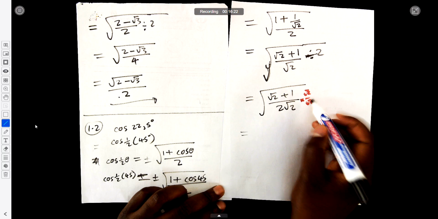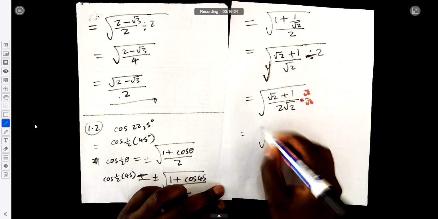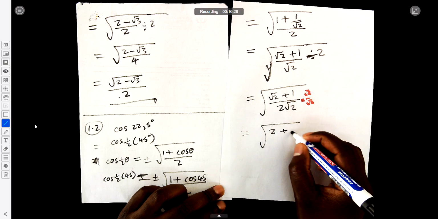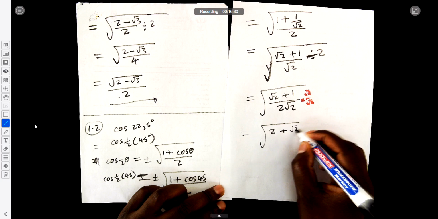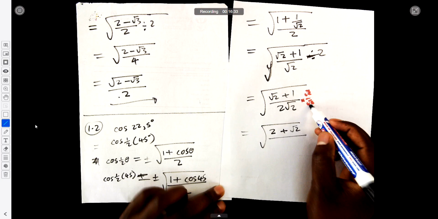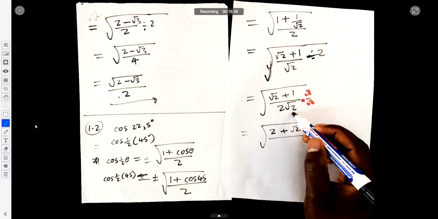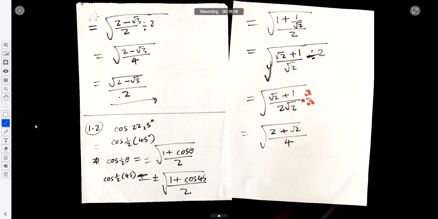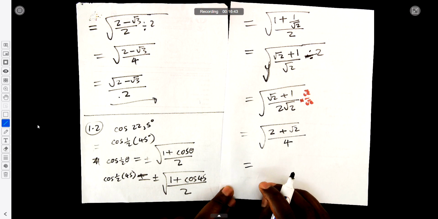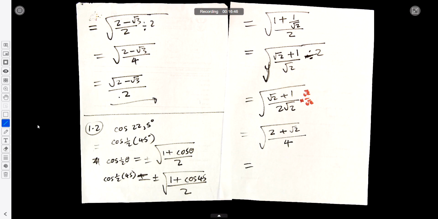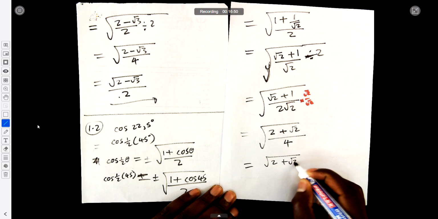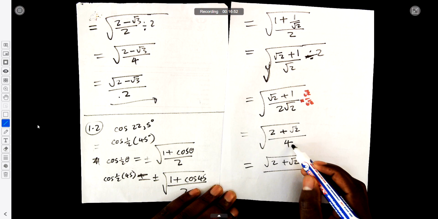That is equal to, so root 2 multiplied by root 2, we're going to have 2. And root 2 times 1, we're going to have root 2. Then over, so root 2 times root 2 is 2, then 2 times 2, it is 4. So hence, if you simplify further, the answer will be equal to root of 2 plus root 2, all divided by root 4.